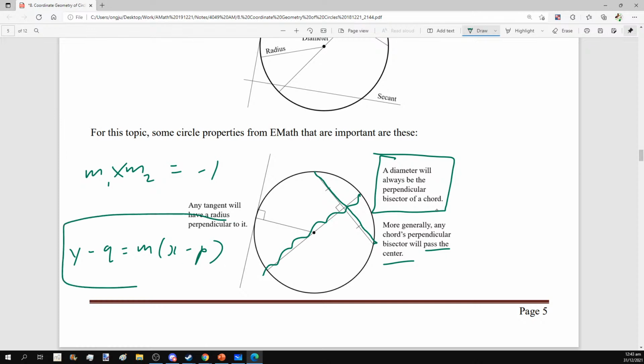This will give you the equation of the line. And since this bisector will pass through the center, you can use this equation for simultaneous equations in order to find the location of the center. That is the power of combining this current lecture with the previous lecture. Alright, we will see some examples of this later.